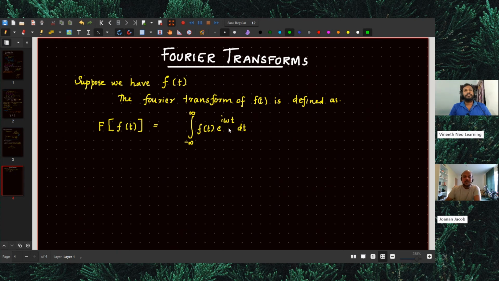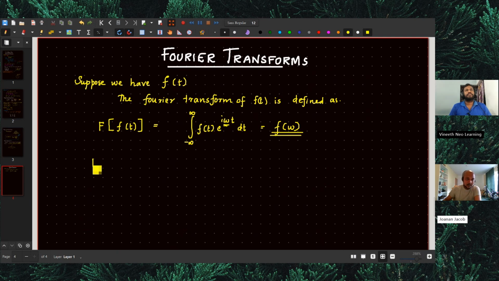Now, when we define this Fourier transform, we will always get a function F of omega, a function of omega. Once we define the Fourier transform, we can also define what we call the inverse Fourier transform.